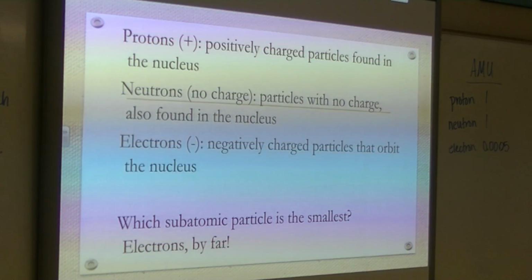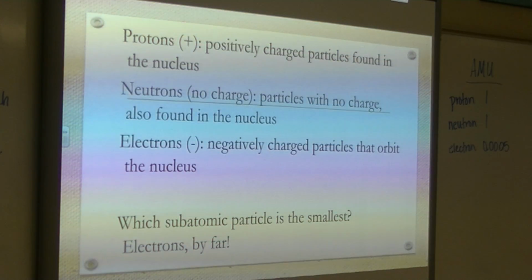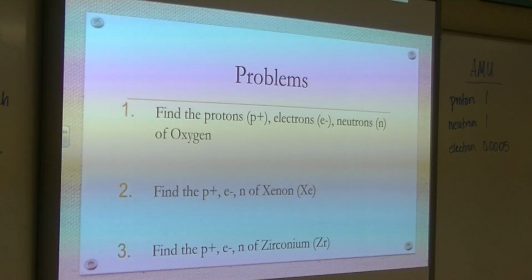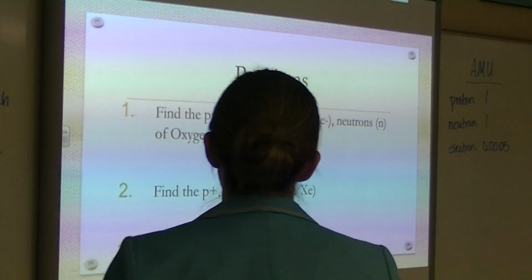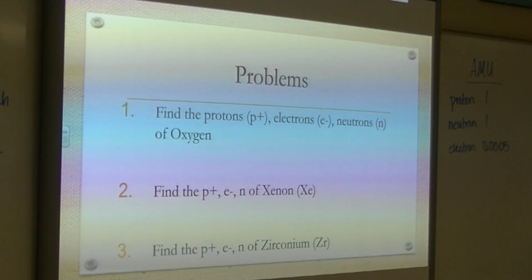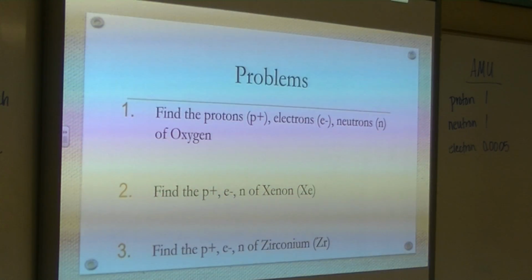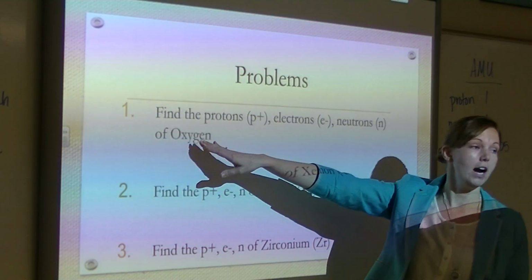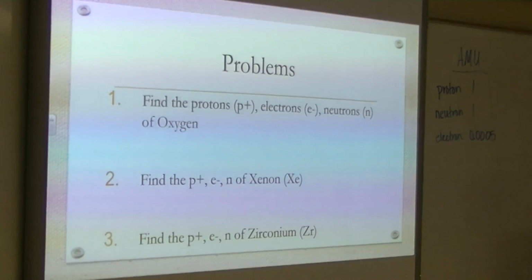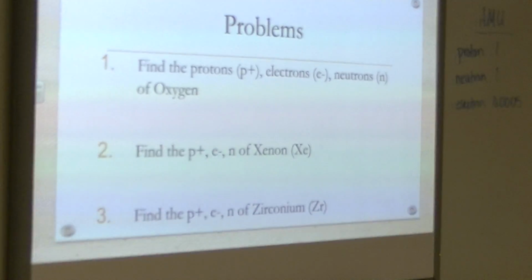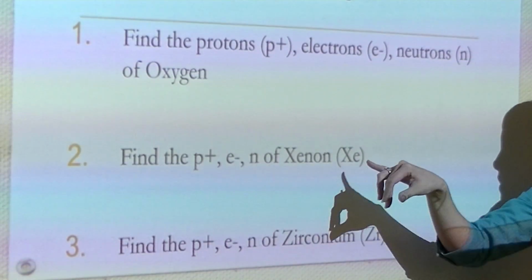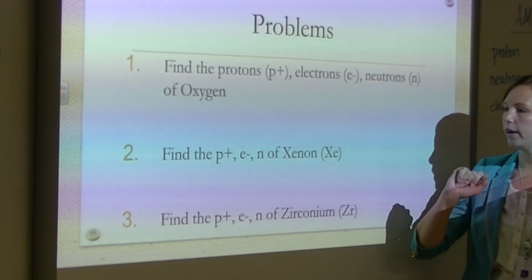Everybody got it? Anybody still need this page up? Okay, so here's what I want you to do. Back on the front in that white open area, we already did the first one. We found the protons, electrons, and neutrons of oxygen. So I want you to find the protons, neutrons, and electrons of xenon, which is Xe on your periodic table.